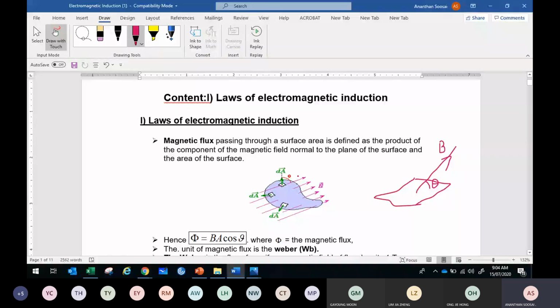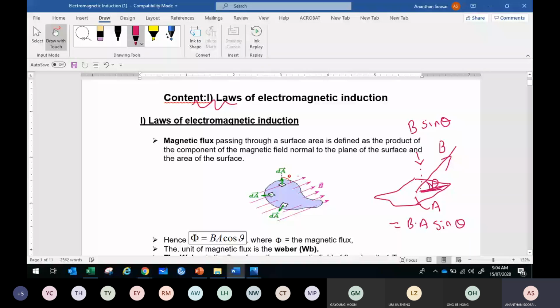So here, for this case, you need to get the vertical component, but this is going to be B cos theta or sin theta. This will be sin theta. So then B dot A will be sin theta. The angle between the magnetic field and the surface area is given.